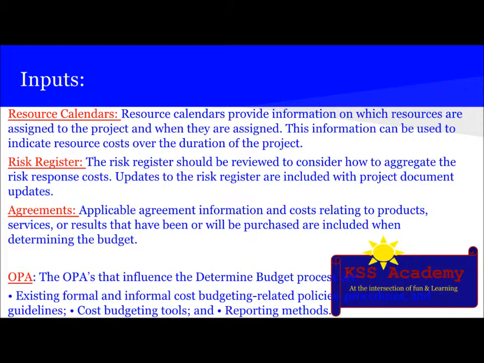Then there are organizational process assets. The organizational process assets that influence the Determine Budget process are existing formal and informal cost budgeting related policies, procedures, and guidelines, cost budgeting tools, and reporting methods.